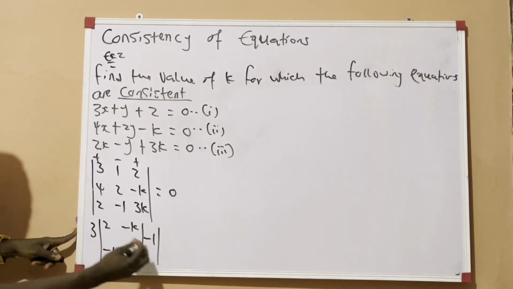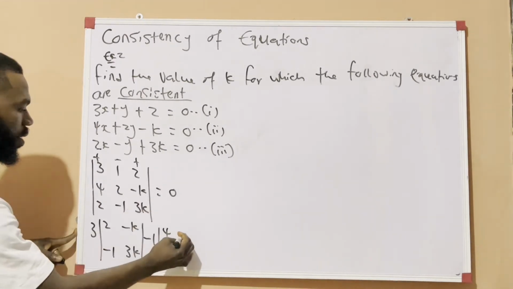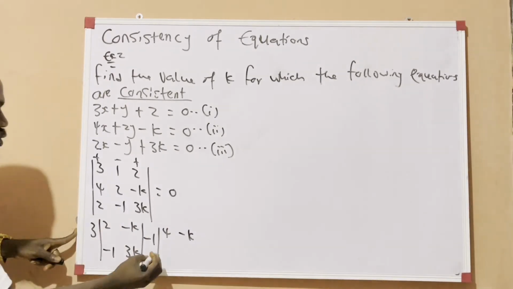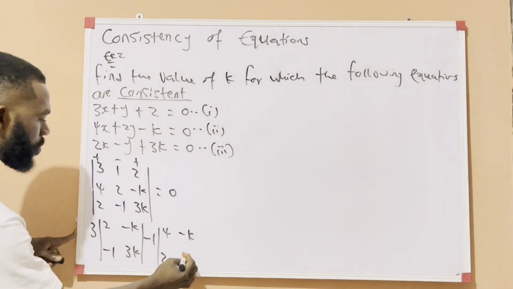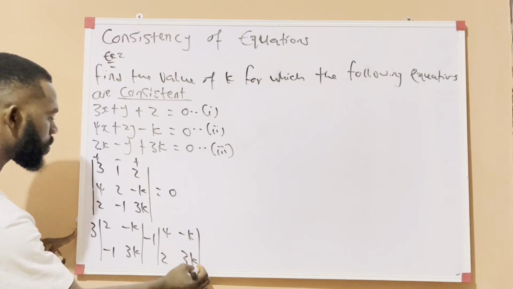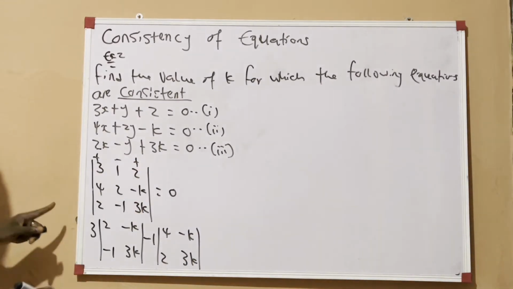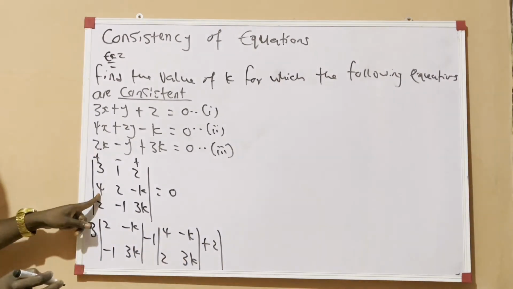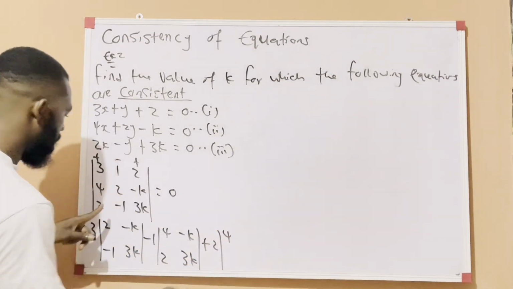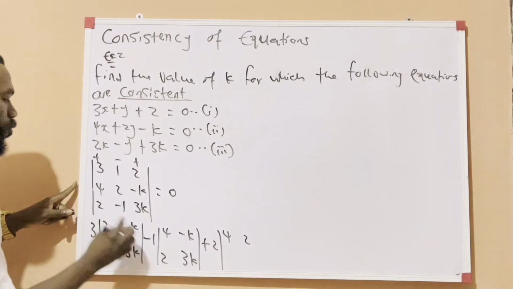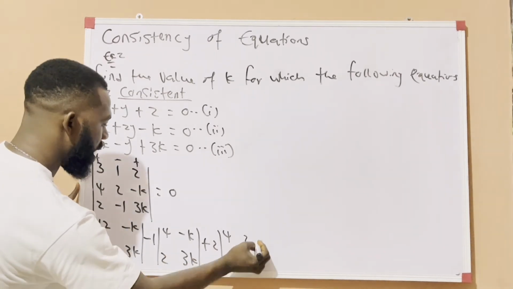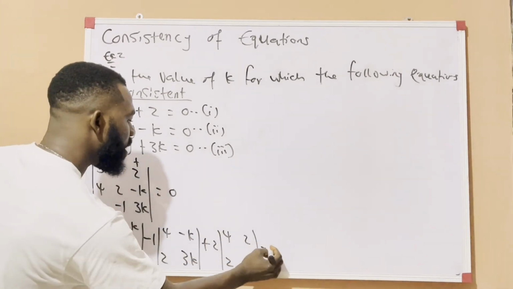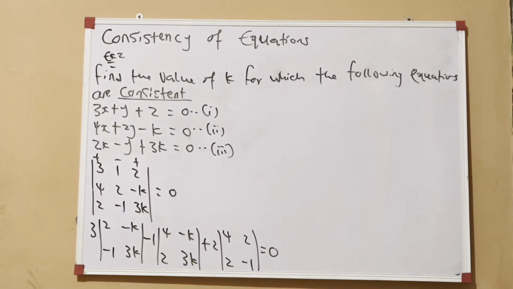I have 4. I have minus k. I have 2. And I have 3k. Lastly, I have positive 2. So here we have 4. We have 2. We have 2. And we have minus 1. All equal to 0. Don't forget that.